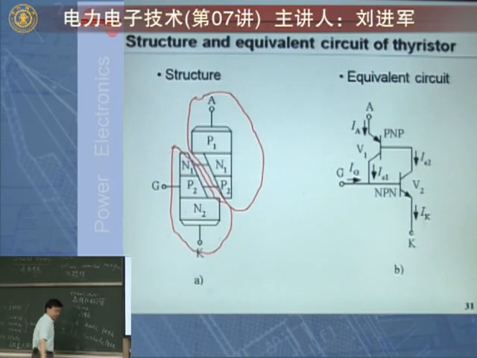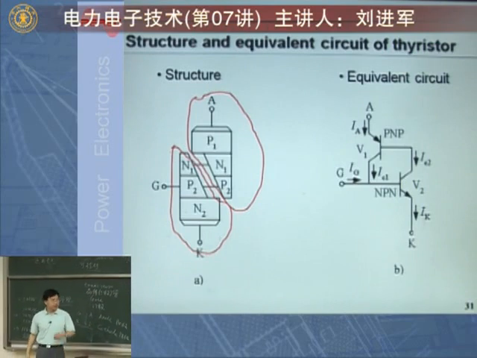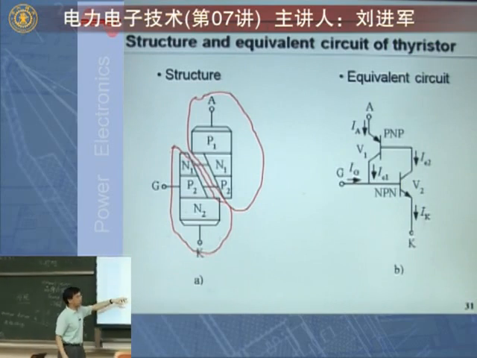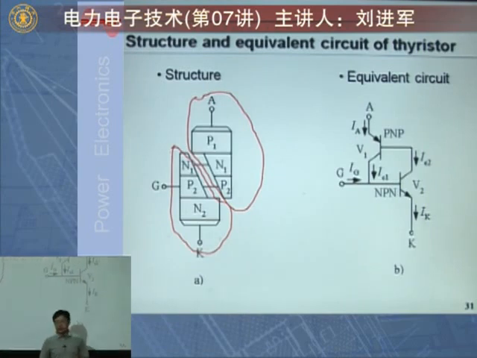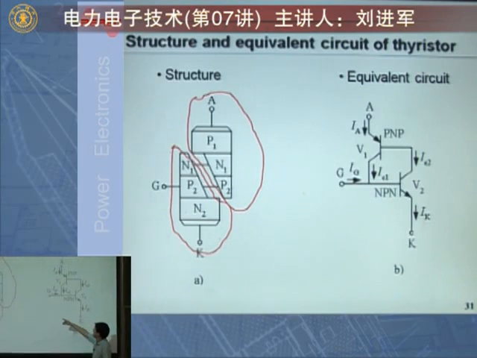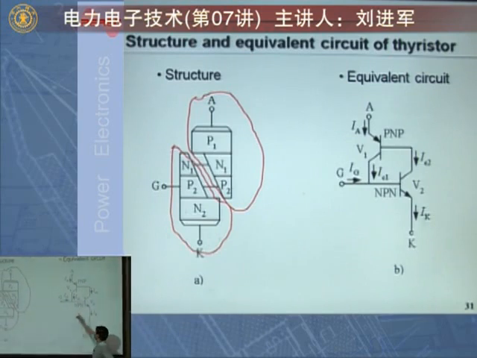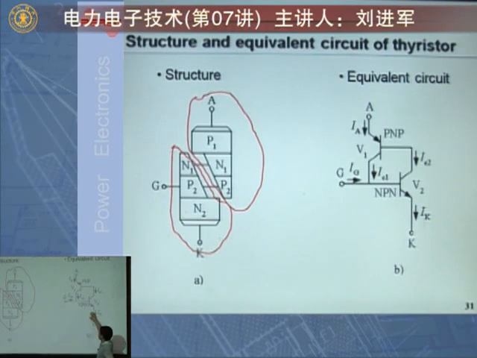So a thyristor, if you look at this inner structure in this way, can be considered as the connection of two transistors. The upper one is a PNP transistor. That's why I'm using this symbol as the PNP transistor electric symbol. And then the lower one is an NPN transistor. And these two transistors are connected in this way.